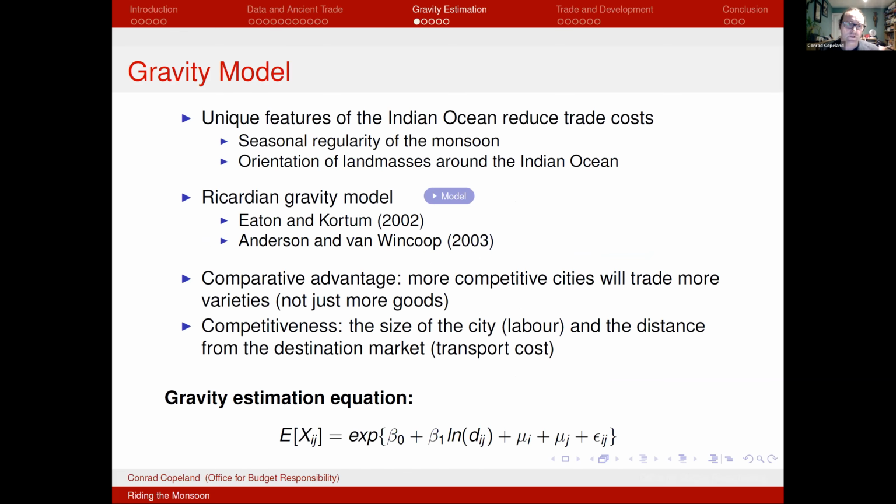And so the gravity estimation, as I said, is an adapted Ricardian model. And this does two things.